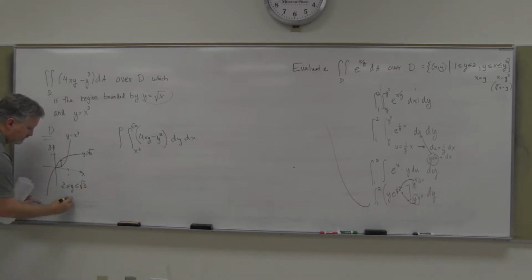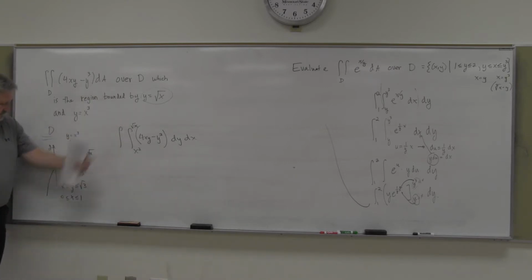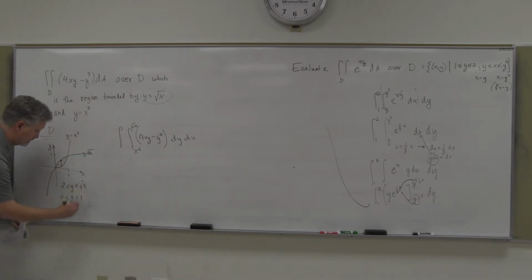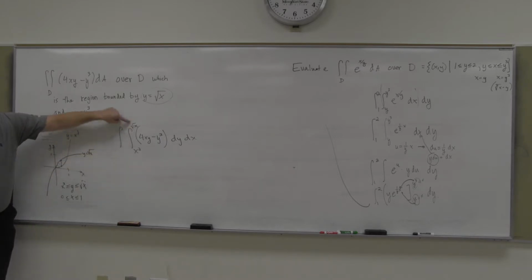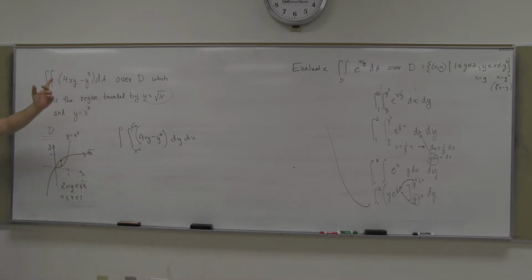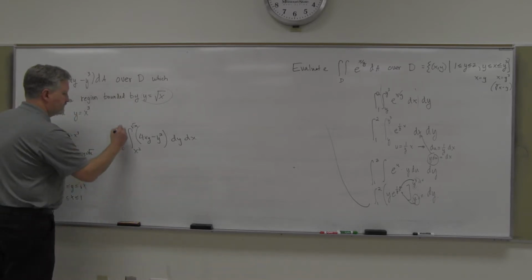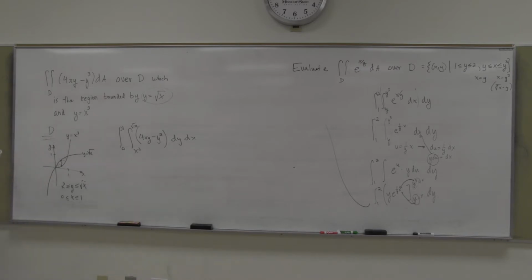And then the x's go from 0 to 1. And so that, whoops, I put a 3 there. I don't know why I put a 3. So anyway, if you write it out like it is in the previous examples, either way, we're going from x cubed, the lower end of y, to the square root of x, the upper end of y, and then the x is just going from 0 to 1. Okay?